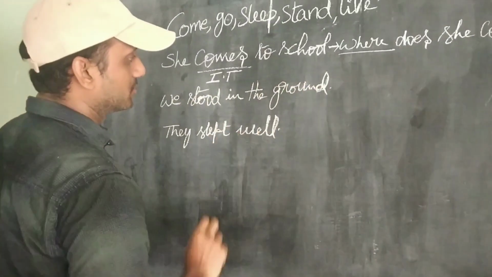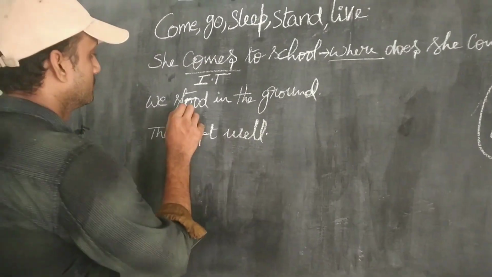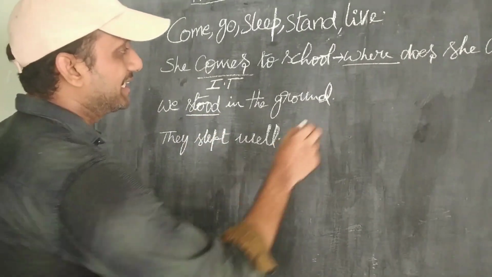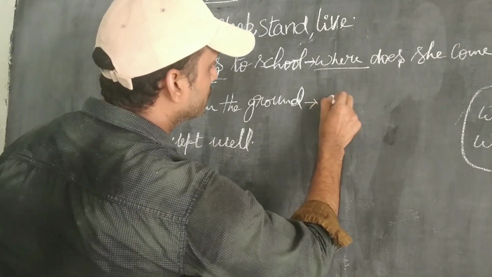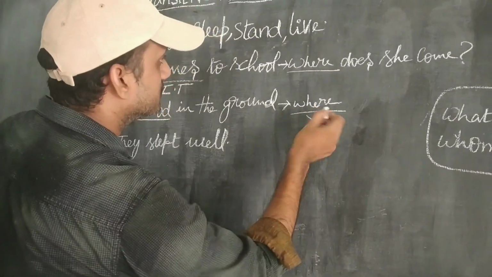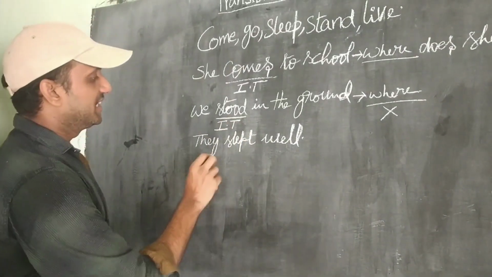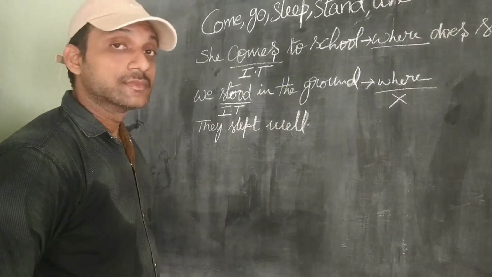We stood in the ground. Where did we stand? Where? Again intransitive. They slept well. How did they sleep?